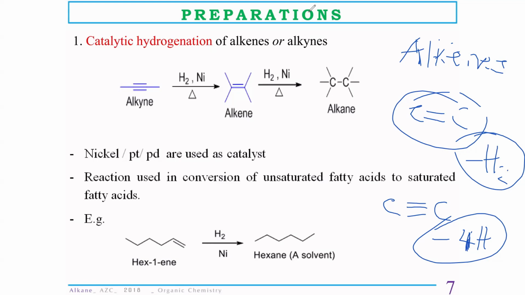Remember, catalysts are substances that speed up the rate of biological or chemical reactions, and they are not consumed. Generally, catalysts speed the rate of the reaction by decreasing the activation energy.